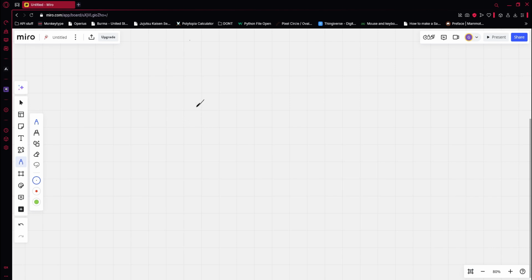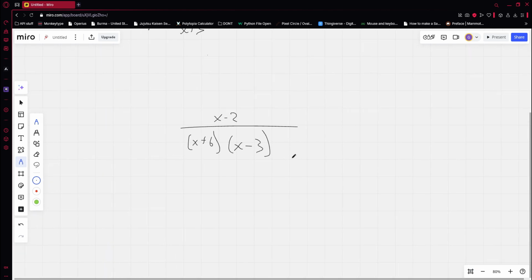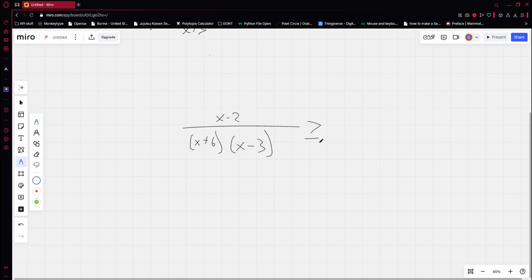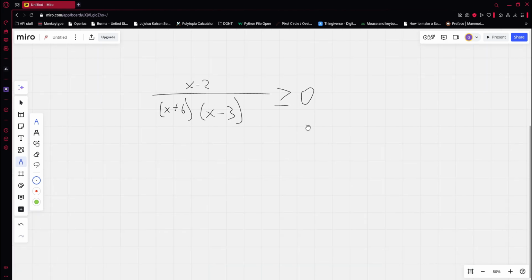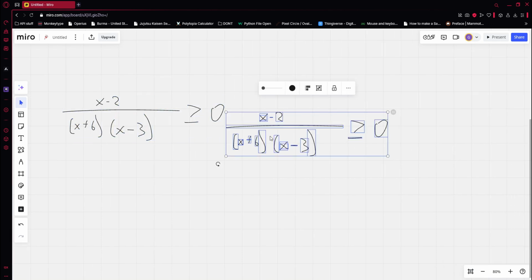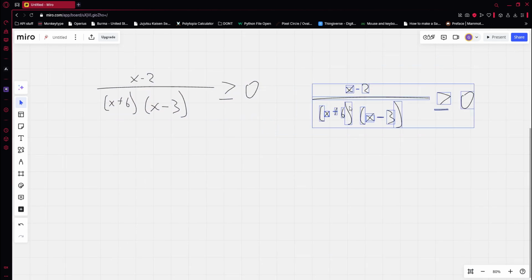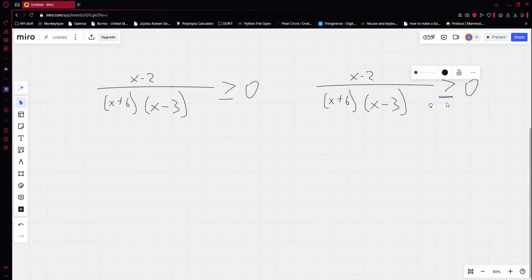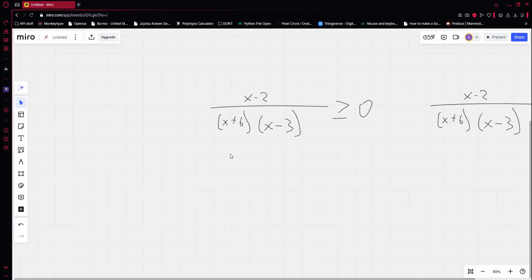So we have x minus 2 over x plus 6, x minus 3. In this situation, we'll do greater than or equal to 0. And then we'll do a second one where it's greater than 0. Okay, situation 1.